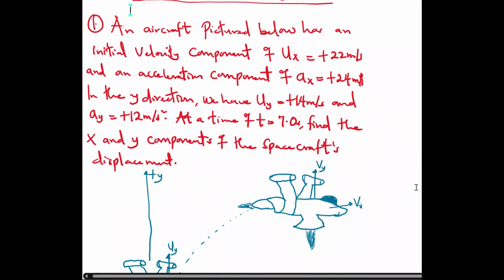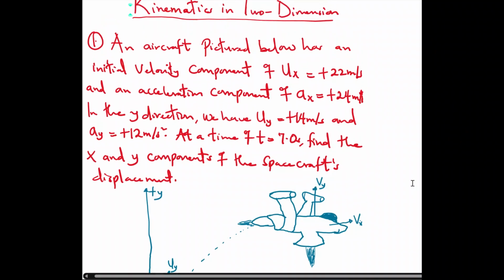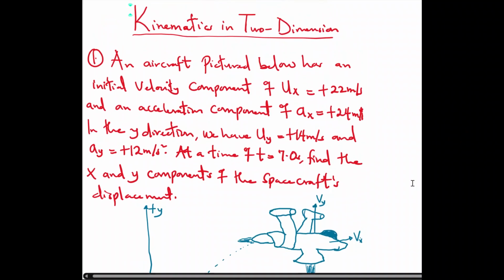The first example says an aircraft pictured below has an initial velocity component of ux equals plus 22 meters per second and an acceleration component of ax equals plus 24 meters per second squared. In the y direction, we have uy equals plus 14 meters per second and ay equals plus 12 meters per second squared.